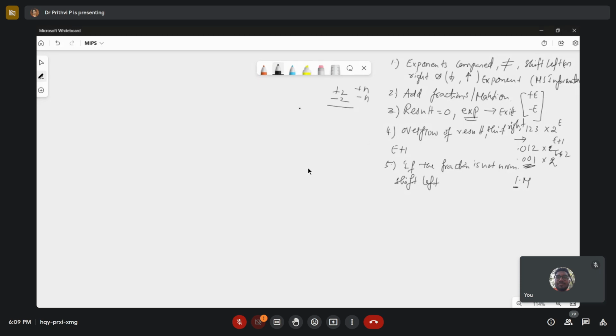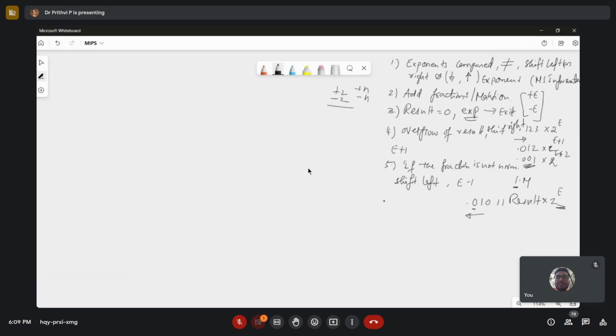Shift left means something like this: say the result you are getting is something like this, multiplied by 2 power exponent. Now this is not normalized, we say. Now we have to shift this towards the left and adjust the exponent. That means decrement the value: left shift and do E minus 1.